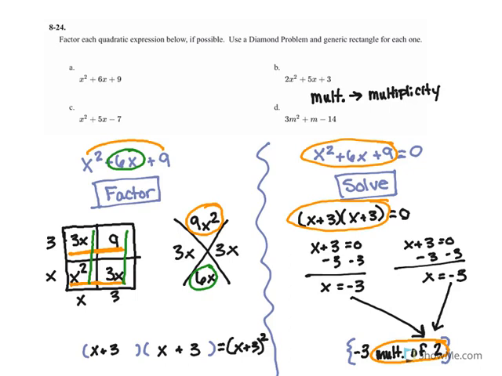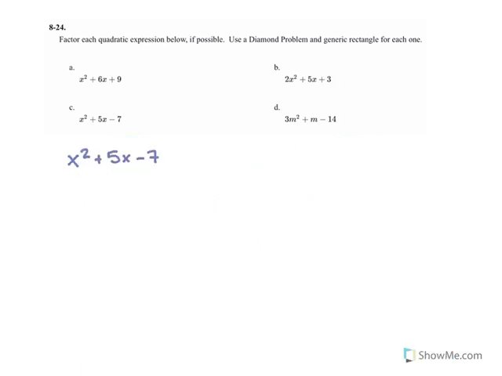Multiplicity just means I have it more than once, and then you're going to say how many times you have that solution. So we have that solution 2 times. So we would say -3 is our solution with a multiplicity of 2. If we had 5 factors that were all the same, I would say -3 multiplicity of 5.